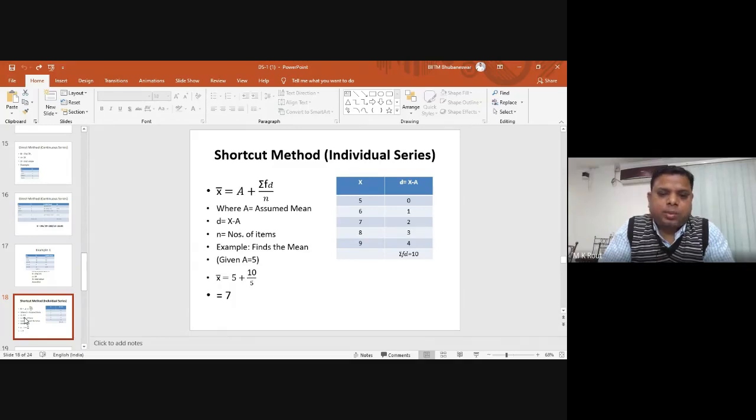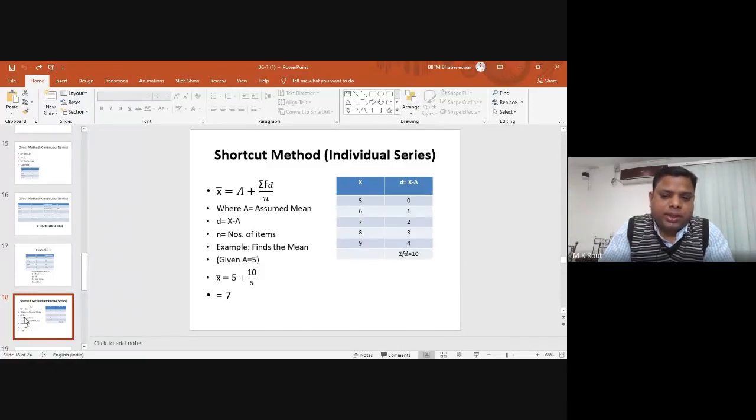So here the typical example: in case of x, we have 5, 6, 7, 8, 9, and their d values are calculated as per the given a. Here a equals 5. That means 5 minus 5 equals 0. Then x minus a, here x is 6, 6 minus 5 equals 1.